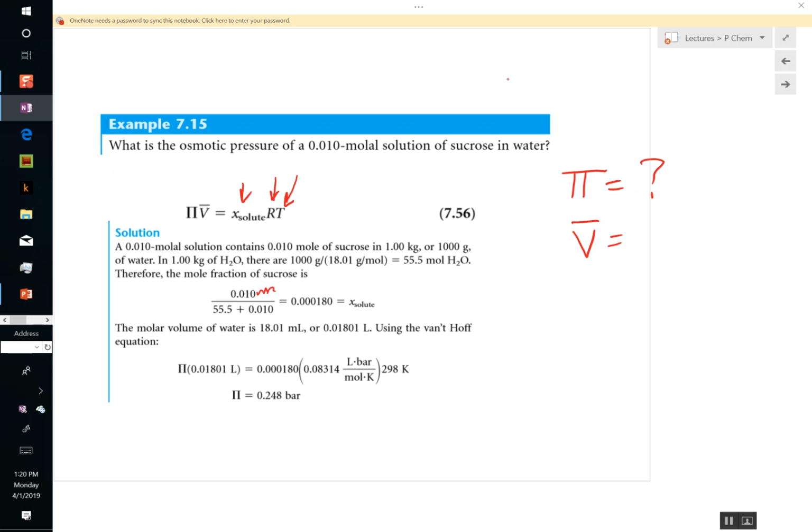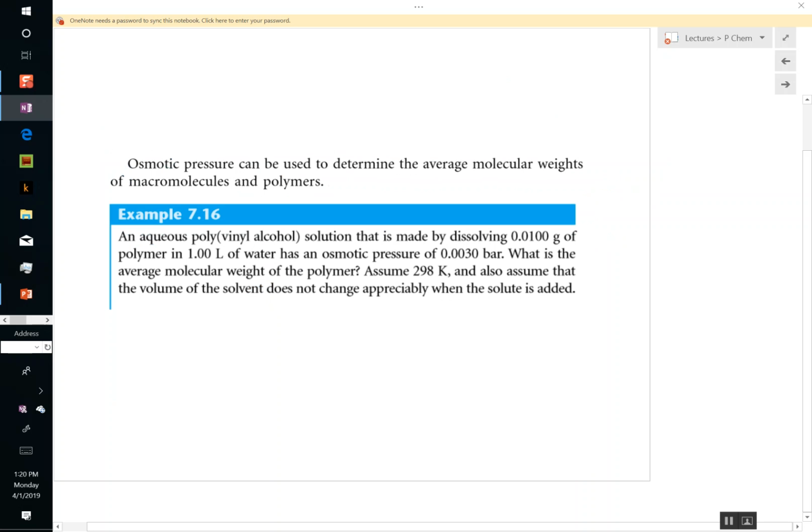Well, the one other example that I didn't show here was example 7.16. I don't think I have another slide, do I? Oh, okay, I'll mention it here. An aqueous polyvinyl alcohol solution that is made by dissolving 0.01 grams of polymer in 1 liter of water has an osmotic pressure of 0.0030 bars. What is the average molecular weight of the polymer?